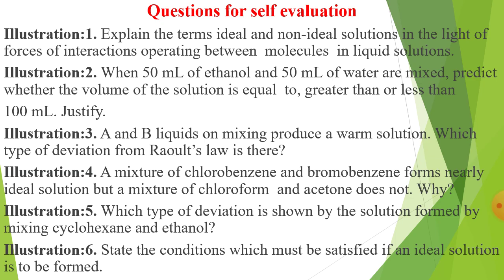Illustration 6. State the condition which must be satisfied if an ideal solution is to be formed. So these types of questions can be generated on the topic of ideal and non-ideal solutions. Learn the topic properly and then try to solve these questions also.